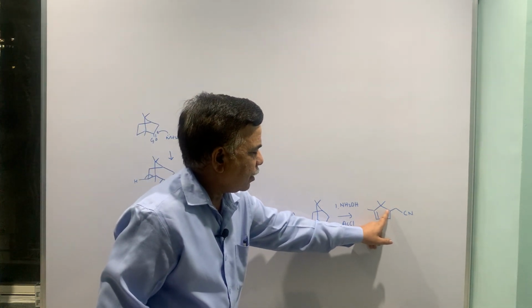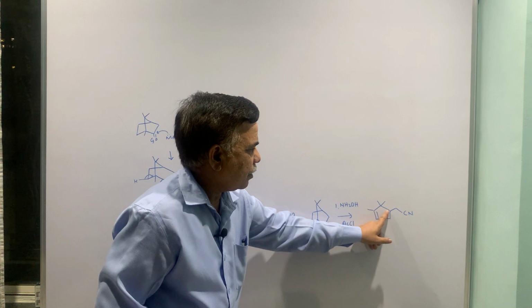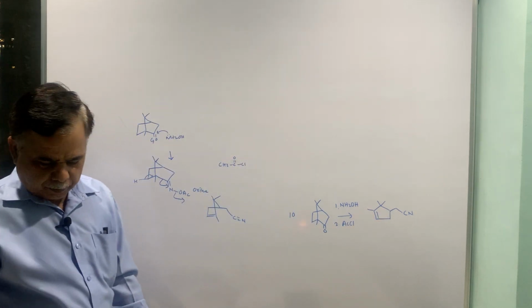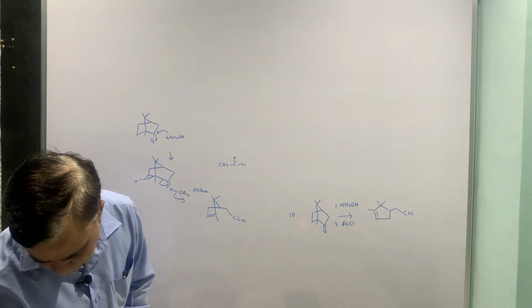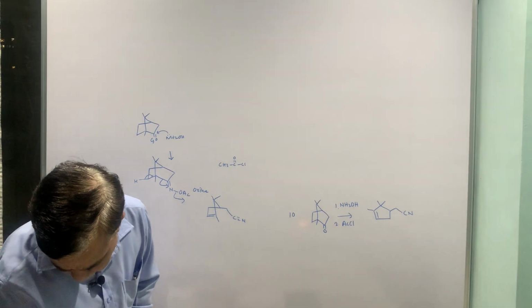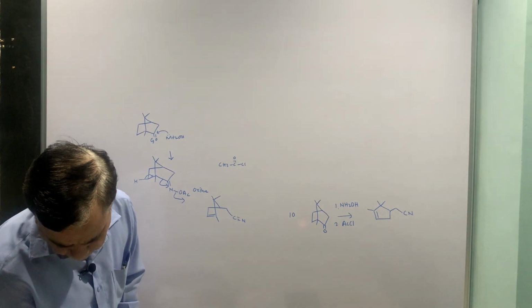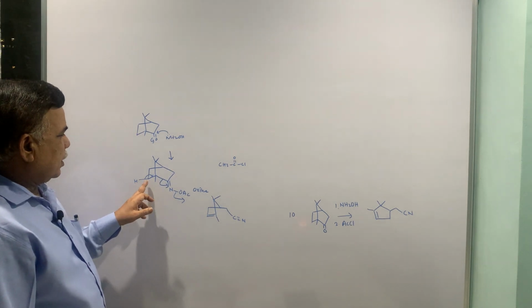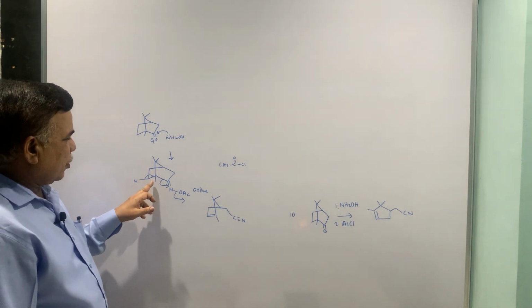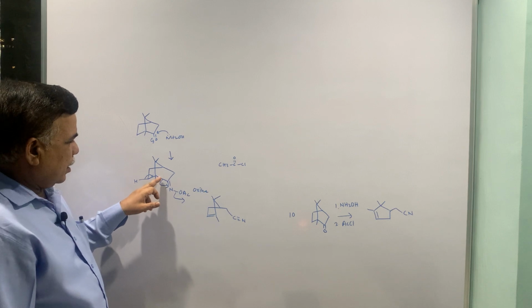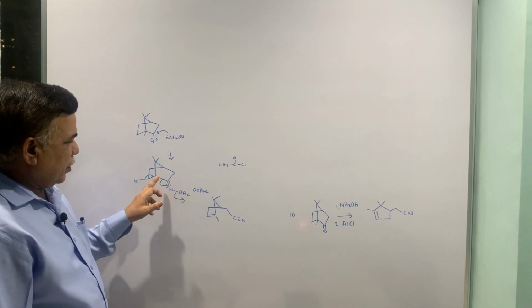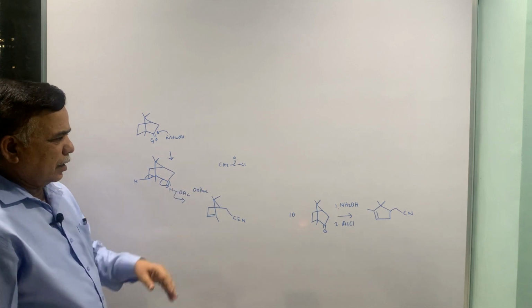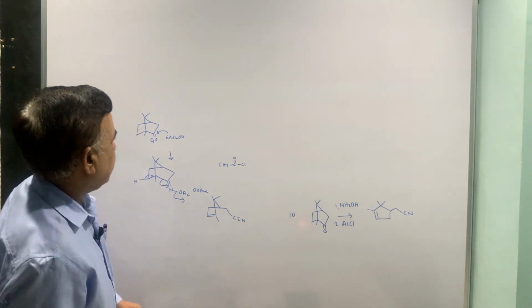I think this is not there. Probably that is not there. Okay, so this double bond proton is lost. This is the leaving group that initiates all these things.